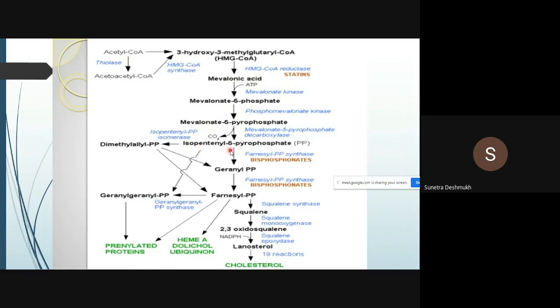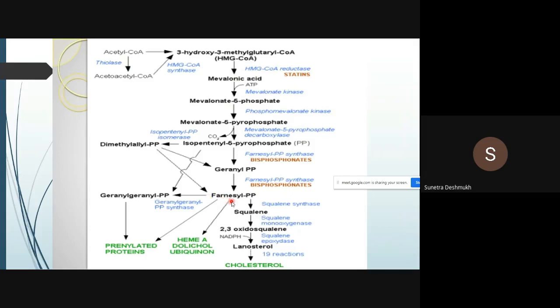This dimethyl allyl pyrophosphate we can convert to geranyl pyrophosphate, and geranyl pyrophosphate we can convert to farnesyl pyrophosphate, which contains C15 carbon atoms.